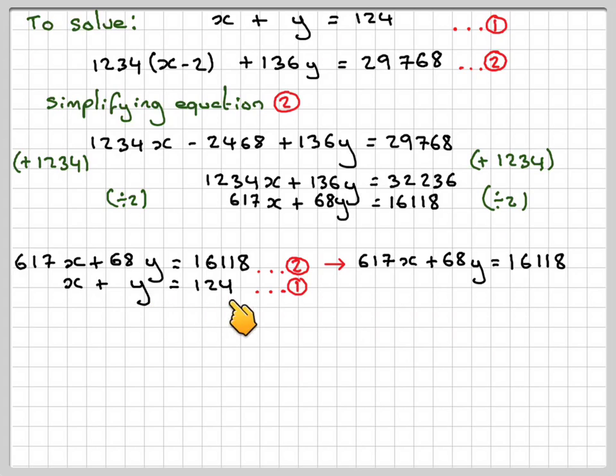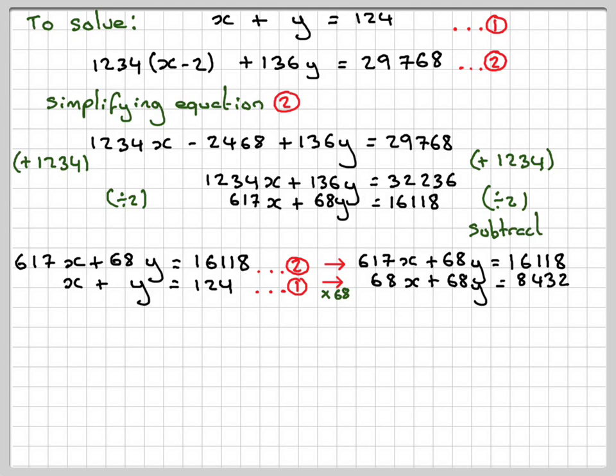That means I need to multiply everything through in this equation by 68. Don't forget the 124 at the end. So we get 68x plus 68y, and then 68 times 124 is 8,432.